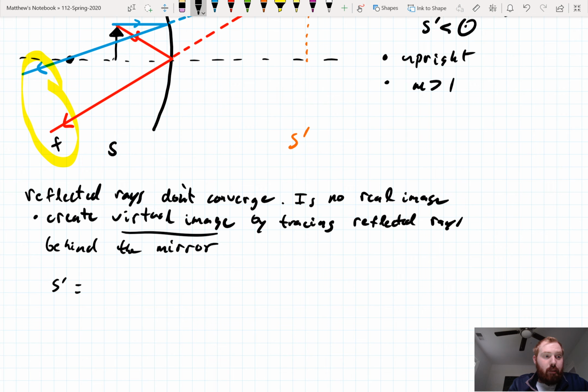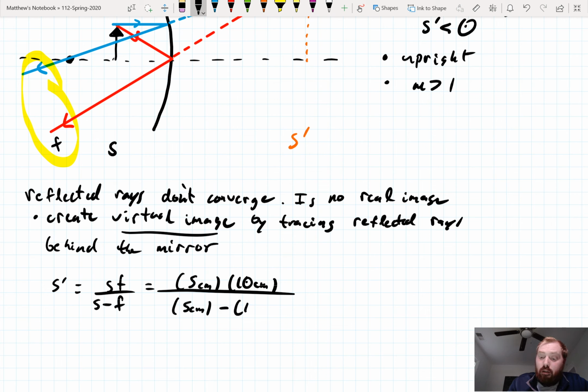S prime is going to equal, we'll use the formula we found before, S times F over S minus F: 5 centimeters times 10 centimeters, all over 5 centimeters minus 10.